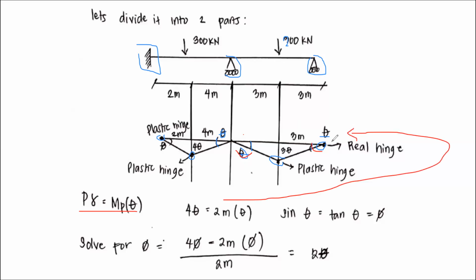Since may theta rito and 3 meter dito, sa geometry natin, sa basic trigo, since may 3 meter dito, kakaroon tayo ng 3 theta. 3 meter times theta is equal to 3 theta.